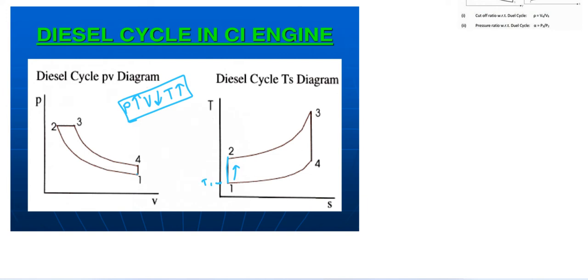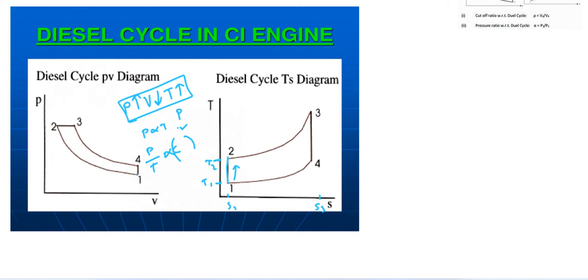Sometimes in a graph you have to assume the same thing. Let us assume this is T1 and this is T2, otherwise you will get confused like me. This is S1 and let us assume this is S3. Temperature gradually increases, so P is directly proportional to T, meaning P by T equals constant.